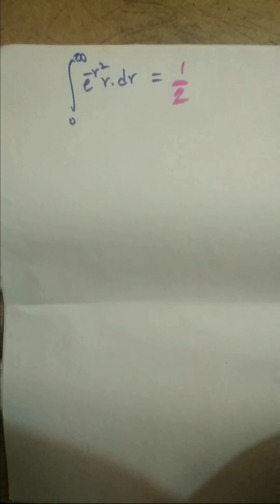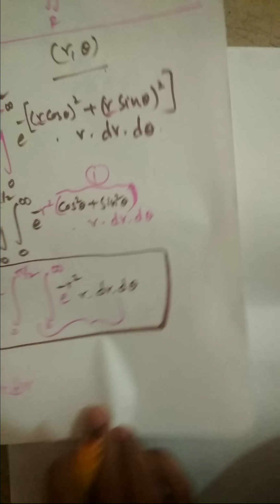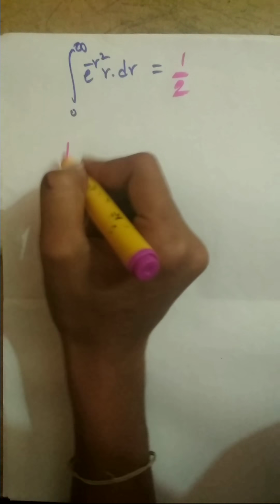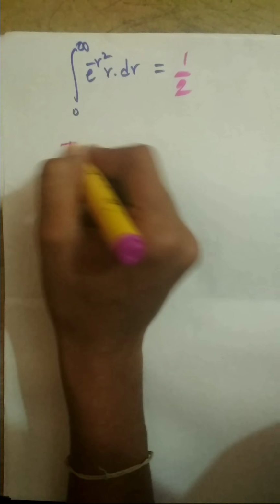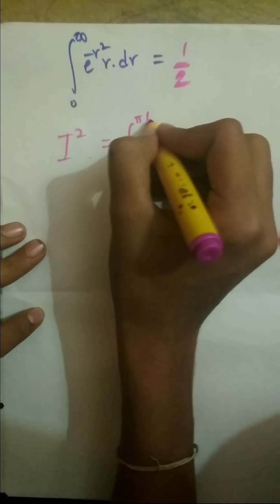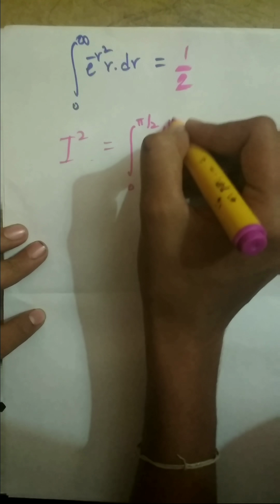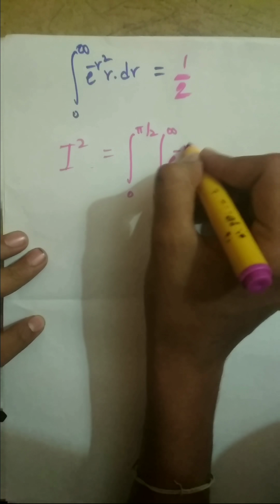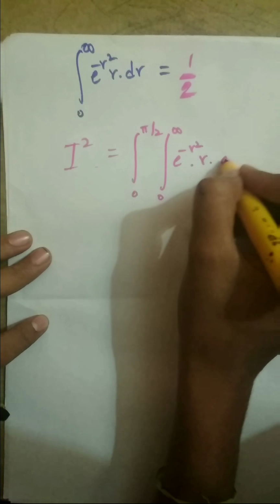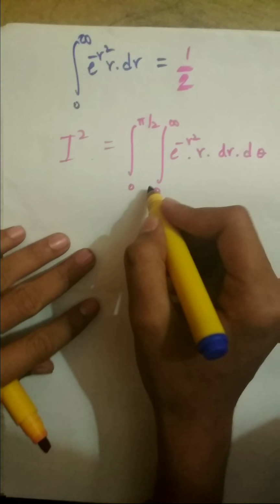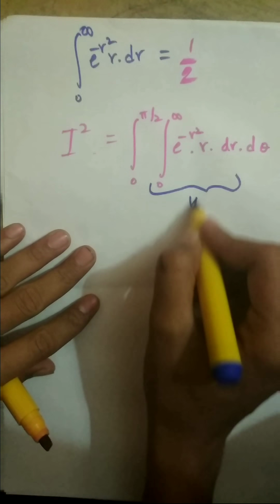Now coming to our original expression, we have I square is equal to integral from 0 to pi by 2, integral from 0 to infinity e power minus r square into r dr d theta. The value of this expression is reduced to 1 by 2.